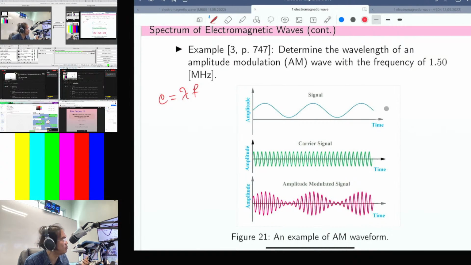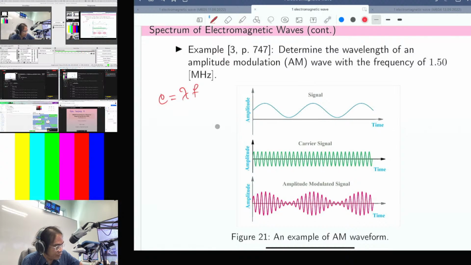We also have frequency modulation, known as FM, right? You may have heard of FM. FM may deliver better sound quality. AM will deliver lower quality of sound.